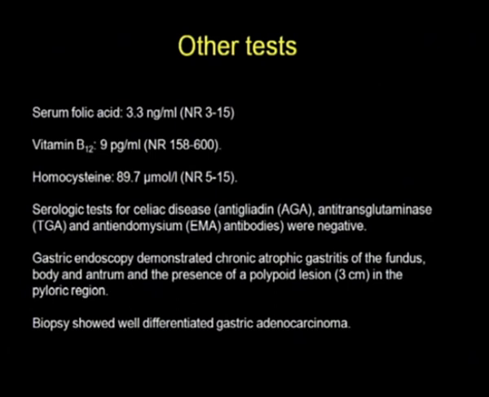And with the biopsy, the diagnosis was well differentiated gastric adenocarcinoma. If you remember, in the history of the patient, he referred that he no longer liked to eat meat. That is a clinical symptom of this.